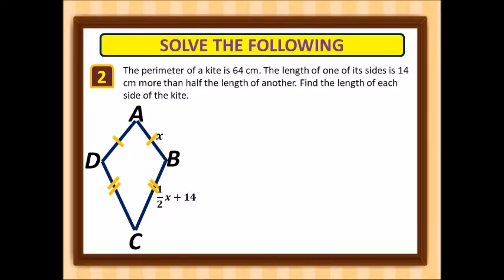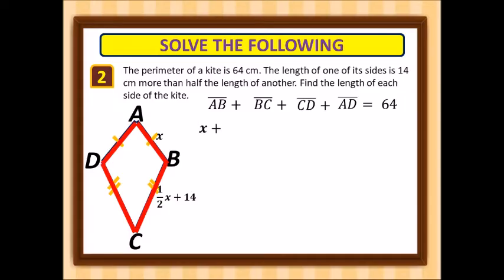Since we are given the perimeter, we could have AB plus BC plus CD plus AD is equal to 64. Now we are going to substitute the values. AB is equal to x.